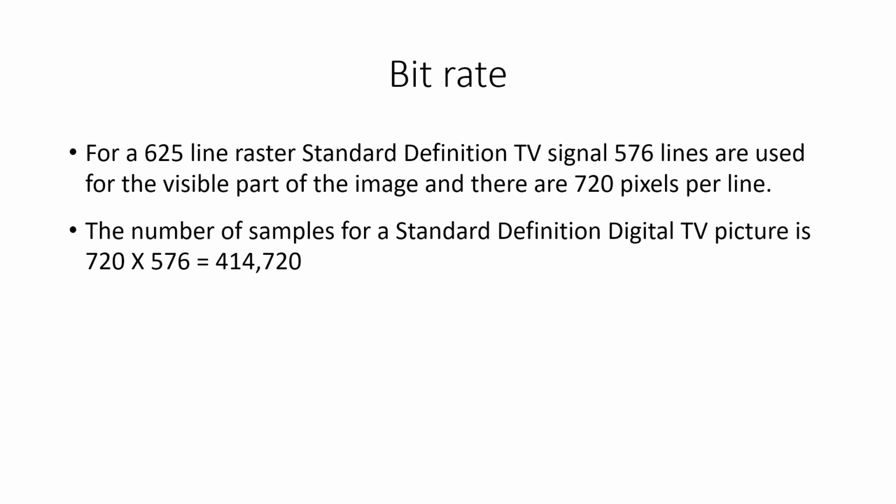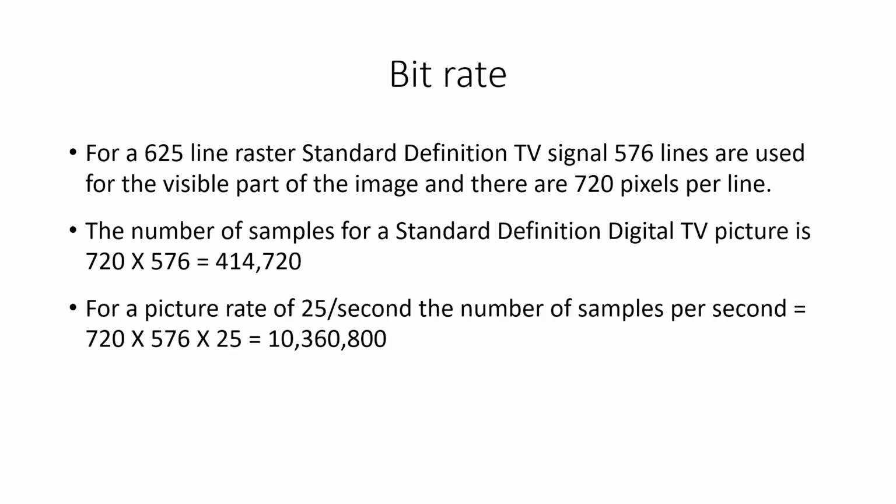Therefore, the number of samples for a standard definition digital television picture is 720 times 576, which is 414,720. For a picture rate of 25 per second, the number of samples per second is 720 times 576 times 25, which is 10,368,000.